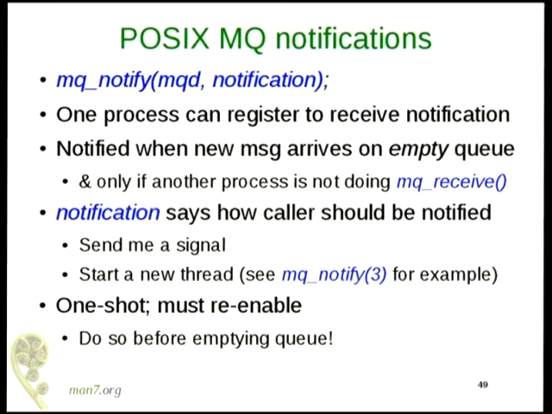I won't go into the details, but there is an example in the man page. You can choose how you want to be notified. The two main ways are, one, send me a signal, or two, start a new thread in my process and give it some information about the message that has just come in.